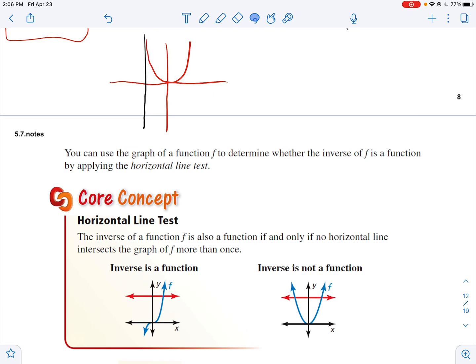Well, whenever I do an inverse, I end up mirroring across this line right here. So what that would get me is something that looks like this going sideways.